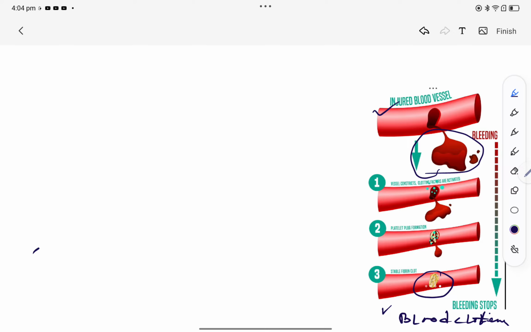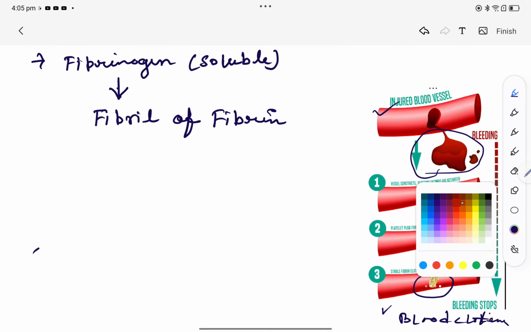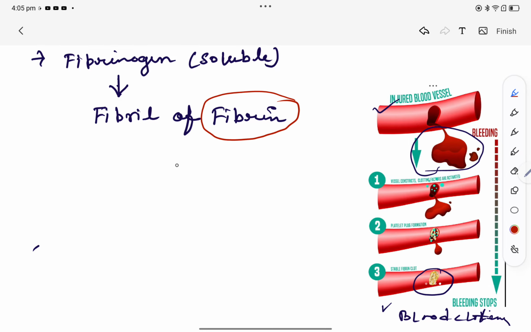So in blood, there is a protein called fibrinogen, which is soluble in nature. Now, this soluble fibrinogen becomes fibrils of fibrin.